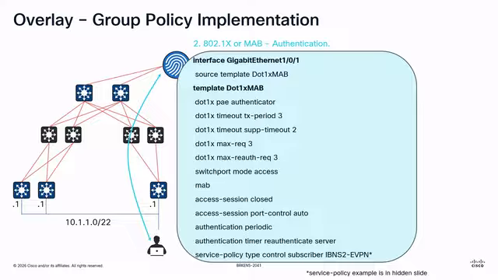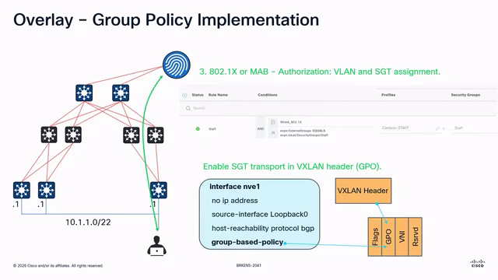If you want to deploy it later, you can just reference that hidden slide. But it's basically just .1x first. If it fails, then go to MAB. What that makes us do is that when the endpoint comes online, the template from the previous slide will send stuff to the ISE. ISE will authenticate it and will assign some profile.